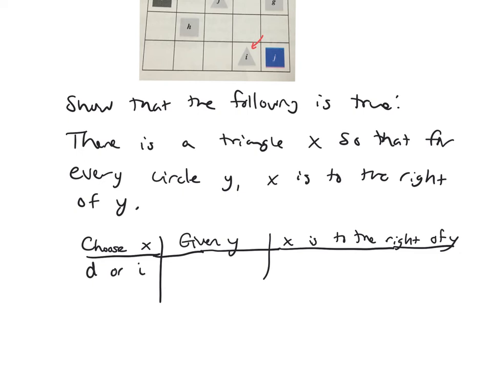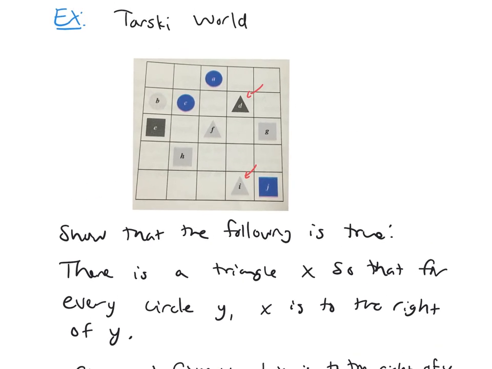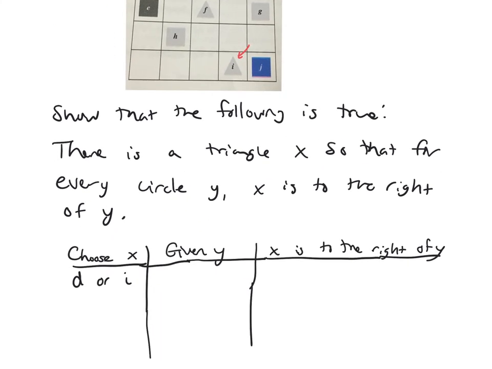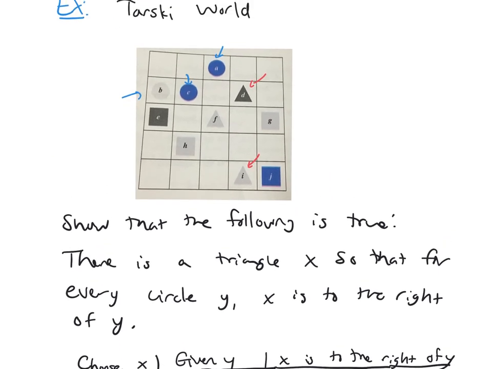And then you have to list out in the second column every possible value of Y. So you're going to list out Y corresponds to a circle. So list out all your circles. Well, there's A, B, and C. Right, A, B, C. These are all my circles, so you're going to fill that column in. And then is D to the right of A?